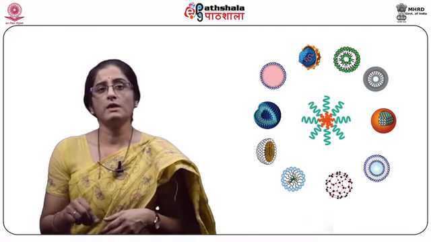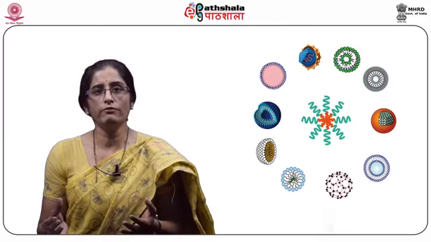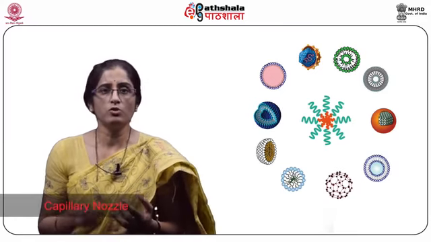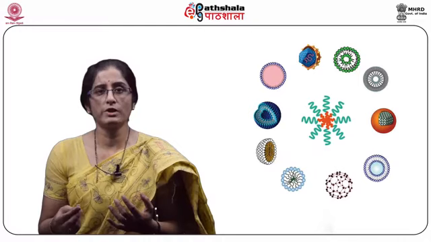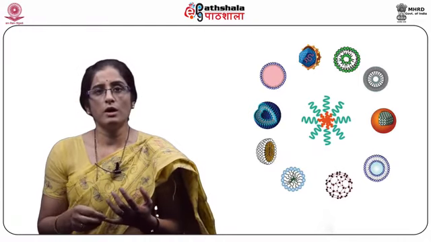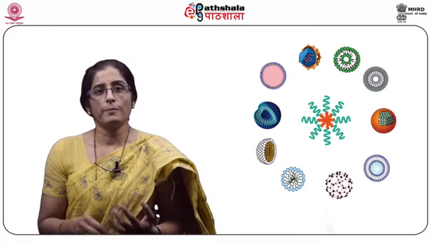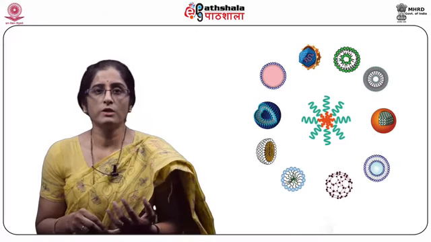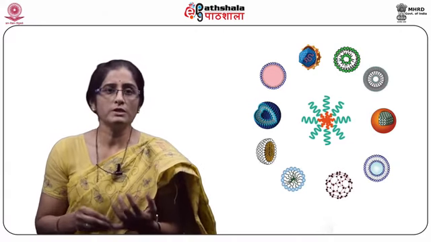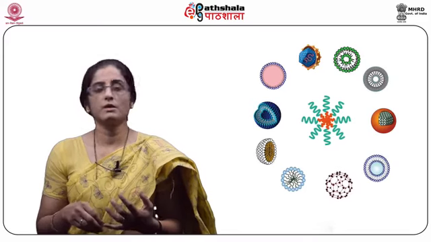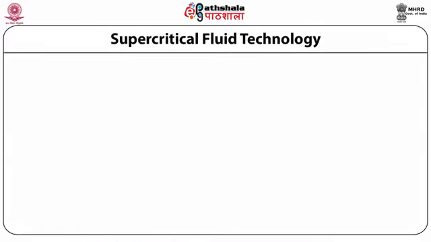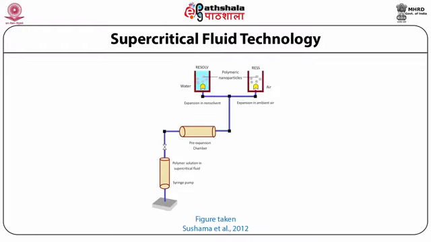The solution is then allowed to expand through the orifice or capillary nozzle into a lower pressure region, resulting in a loss of its solvent property and generation of a state of supersaturation, and consequently homogeneous nucleation and nanoparticle formation. The nanoparticle preparation by supercritical fluid technology is shown in this diagram. This diagram represents both the techniques RESS and RESOLV.